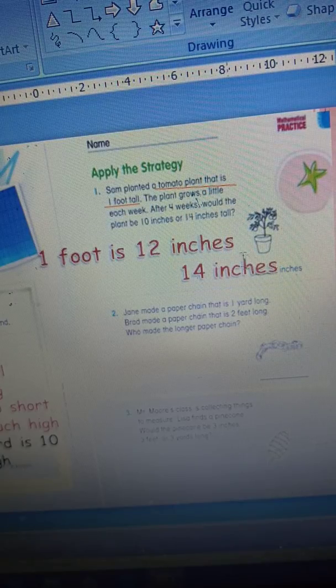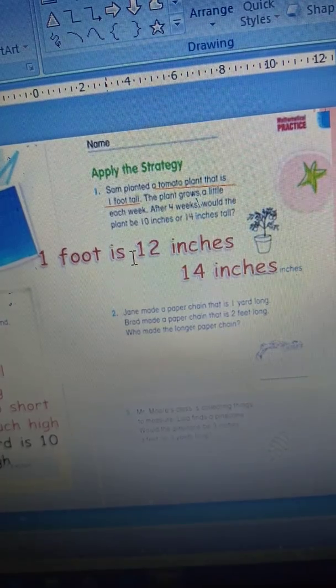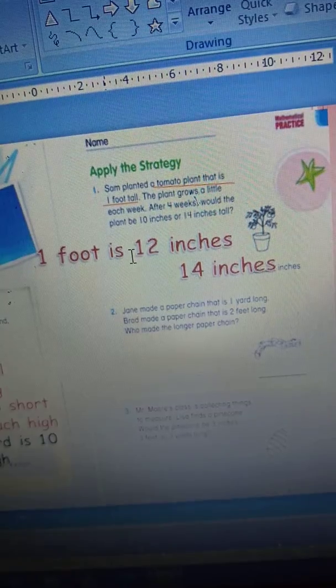How come it will be 10 inches? Sam already planted 1 foot. The tomato plant is already 1 foot, and 1 foot is 12 inches. So after 4 weeks, as it grows, it will become 14 inches. It will not become 10 inches.